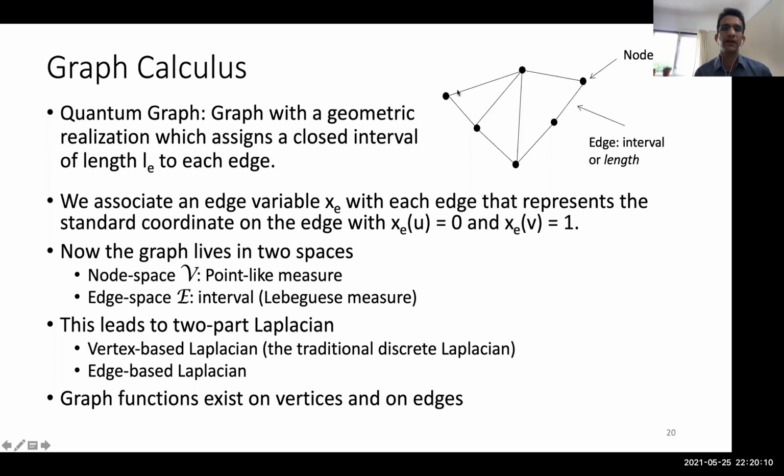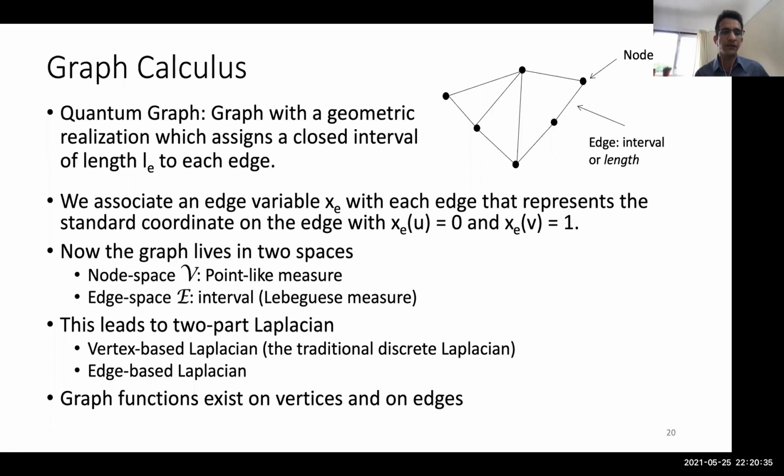So edges are real length intervals. We assume that the graph is lying in a high dimensional space, and we associate a variable to every edge of the graph. So now our graph lies in 2 spaces. One is the node space, and the other is the edge space.